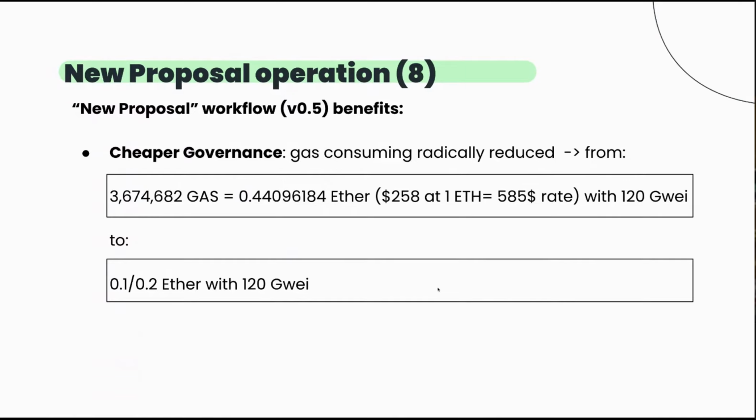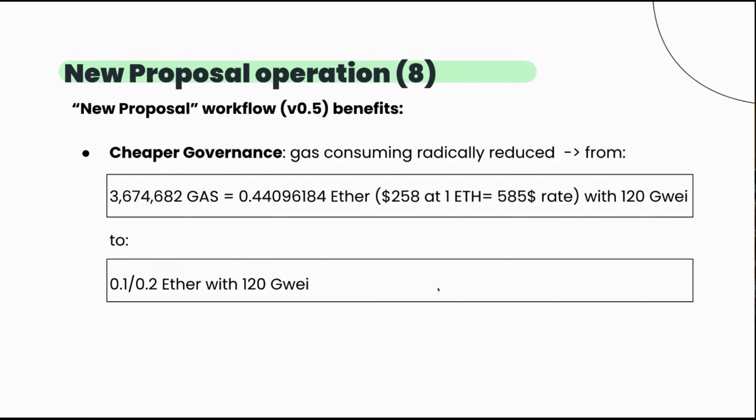The main benefit of the new workflow for the creation of a new proposal in the 0.5 is a cheaper governance. We reached cheaper governance because the gas consumption is radically reduced. In the 0.3, to create a new proposal, we had to spend approximately 0.44 Ether at 120 Gwei.